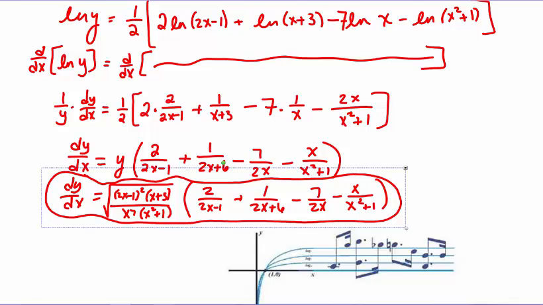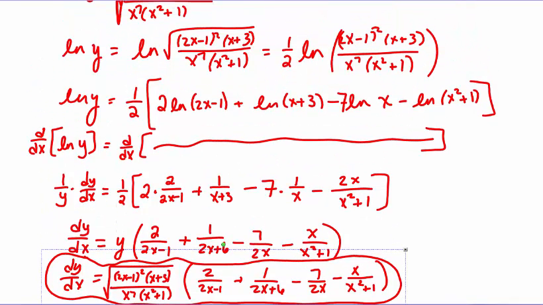Now, there may be some of you who are like me who might be thinking, but Mrs. Weber, when you bring this 2 down, doesn't it change the domain? Technically it does, because if this is squared initially right here, and then I bring it down in front, now all of a sudden this has a chance to be negative.